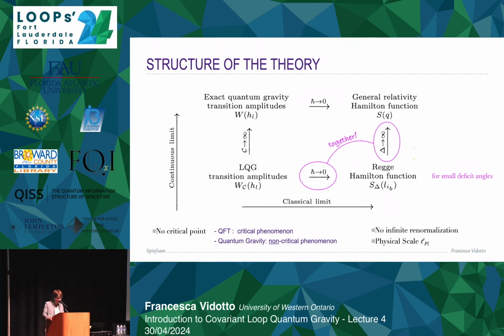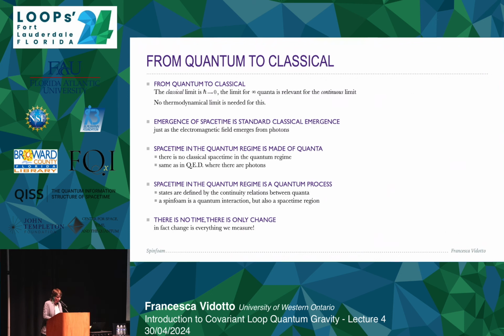In particular, there are no critical points, in the sense that quantum gravity itself is a non-critical phenomenon. And to answer also the question from before, there is no infinity renormalization, and there is a physical scale of the theory. This is the Planck length. So this is what I was saying before.